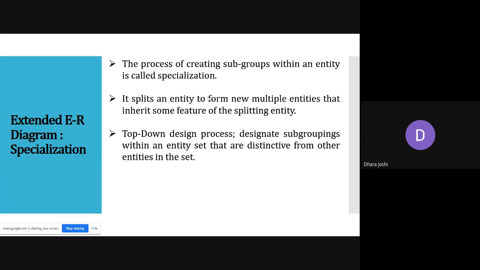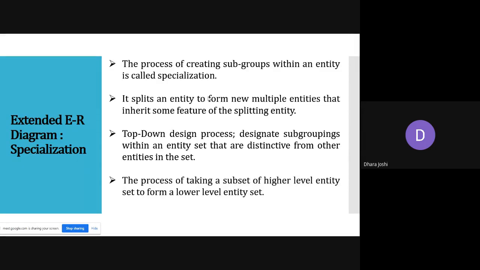Specialization is a top-down approach. We are going from top to bottom. It designates subgrouping within an entity set that are distinctive from other entities in the set. It is the process of taking a subset of a higher level entity set to form a lower level. So now we have a higher level entity called loan, called account, and we are going in depth.